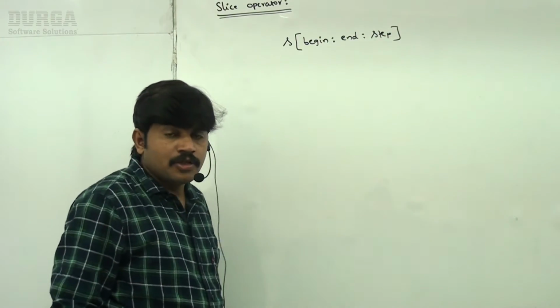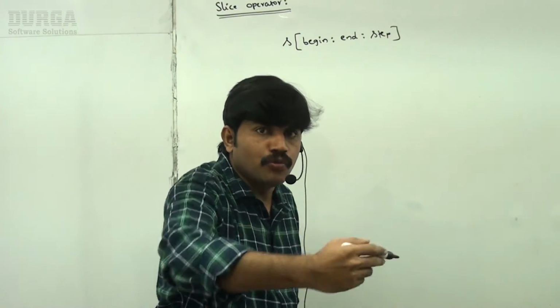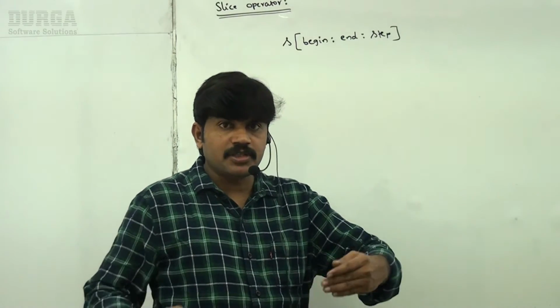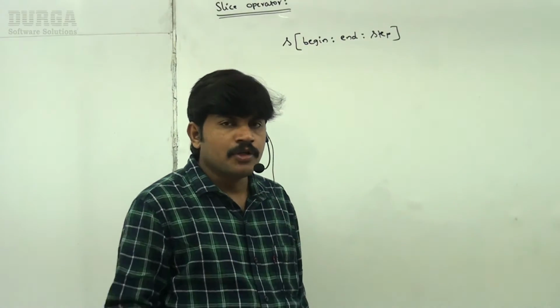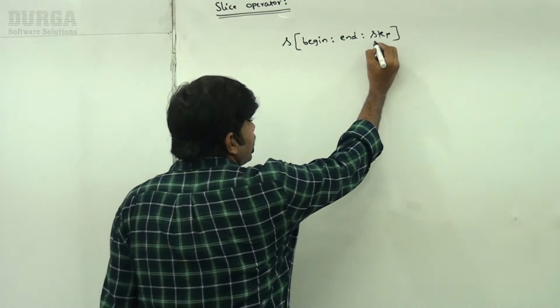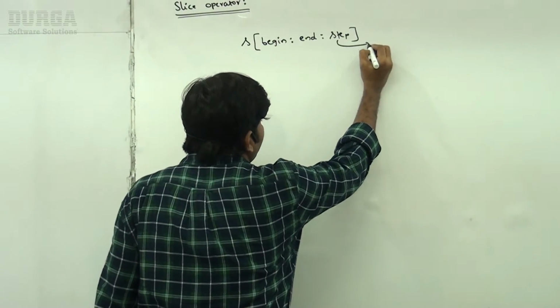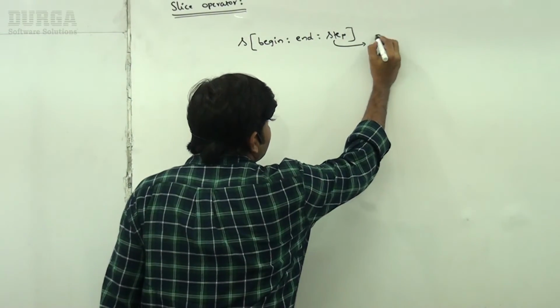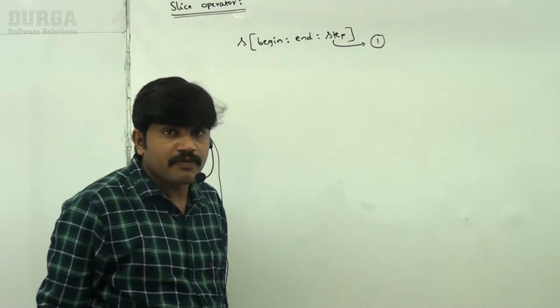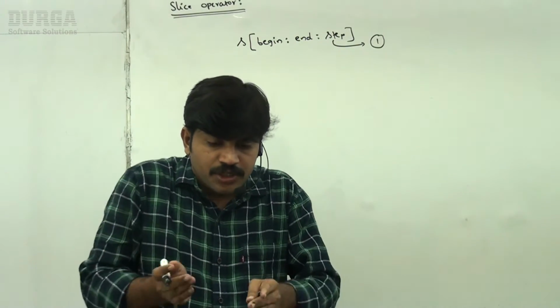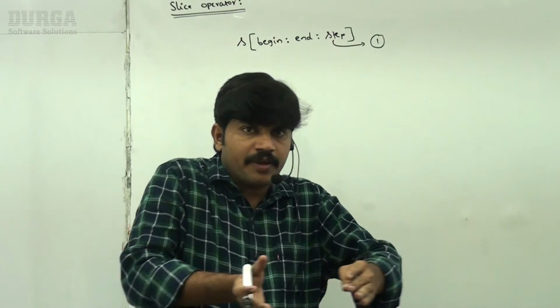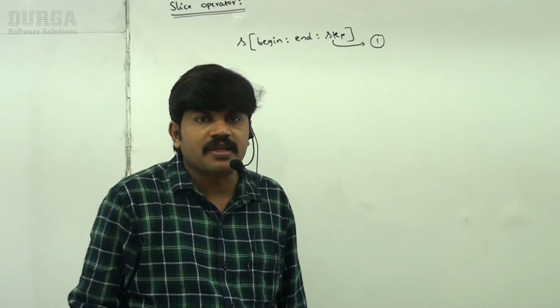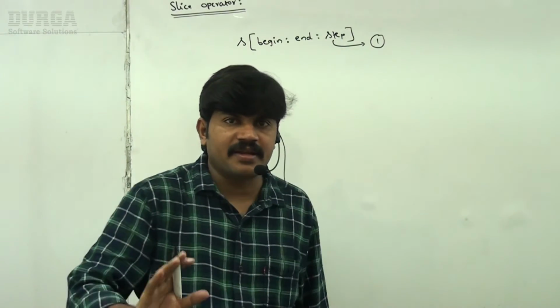Step means how much increment you want. If you are not taking step, the default value for step is 1. 1 means every next character, every continuation character you have to take.